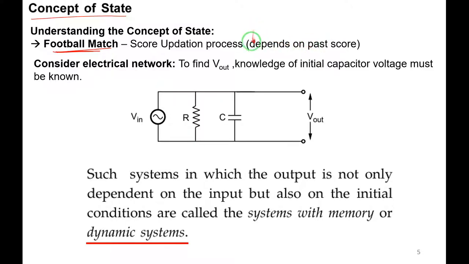Suppose the match is of 1 hour. For 30 minutes I cannot judge. The score should get updated. Till the final score is reached, all the past scores should be considered in order to judge which team has won. All those past scores are nothing but the state of that particular match. So the score updation process is one example to understand the concept of state.